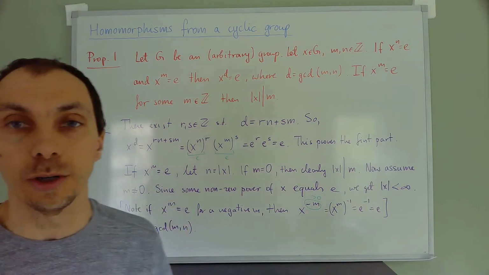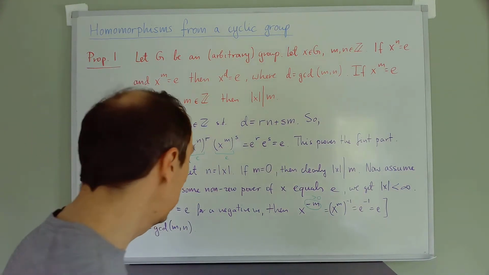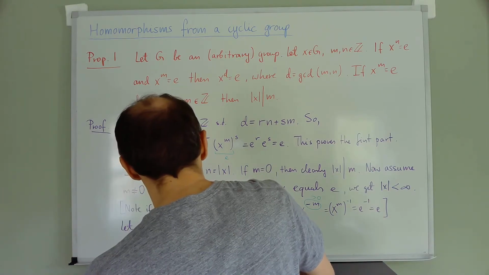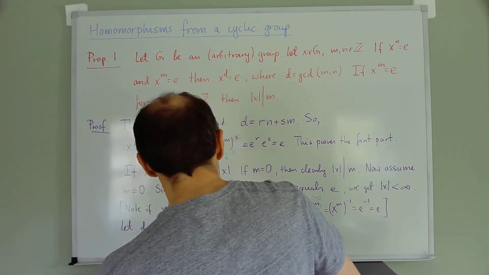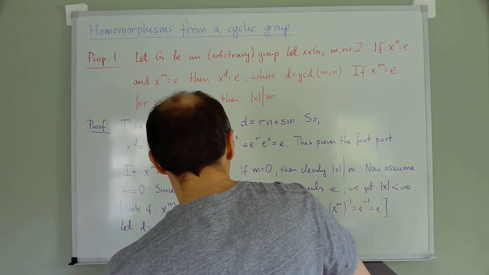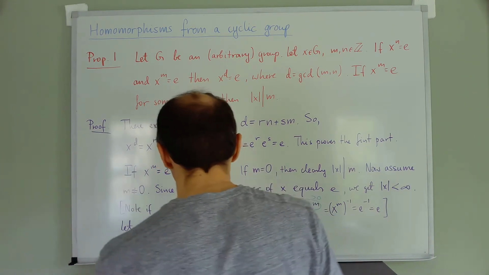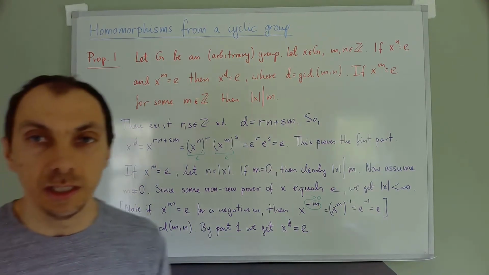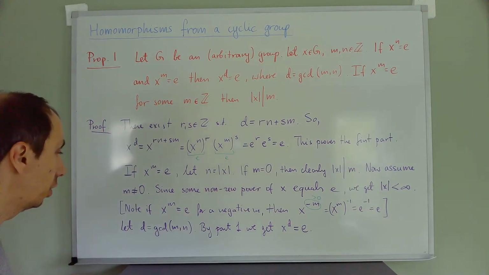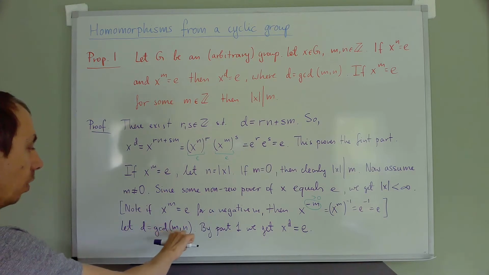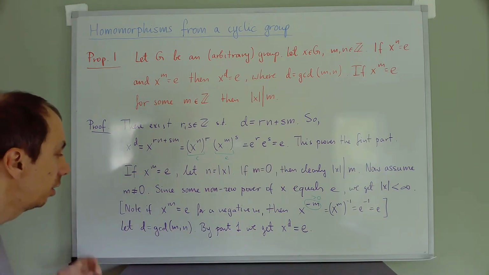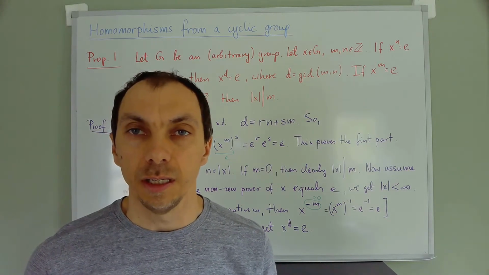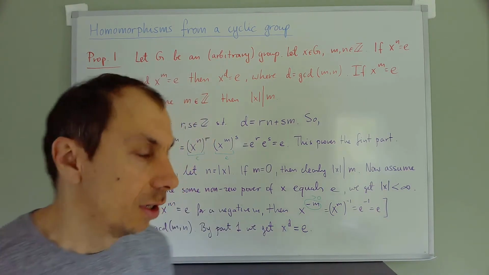So by part 1, we get that x to the d is also the identity. But what do we know about the GCD of two numbers, one of them being positive? The GCD is always less than or equal to the minimum of the absolute values of these numbers.